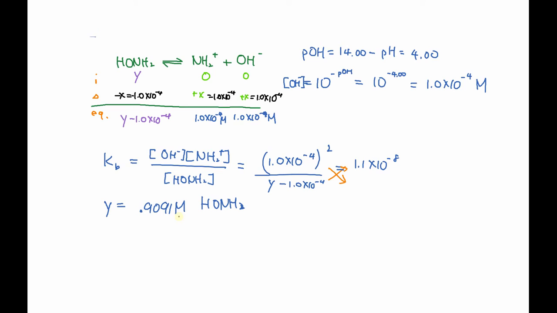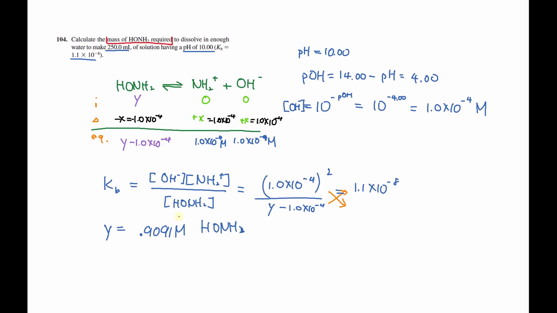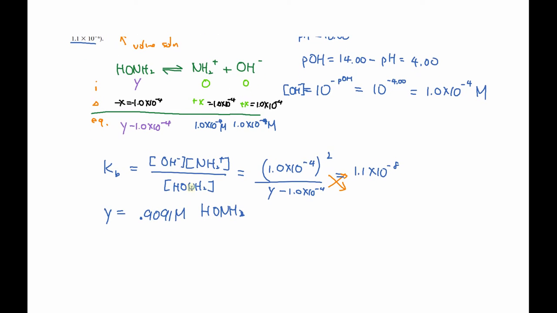And also we are given the clue that 250 milliliters was used, okay, over here. We got the volume of solution. Anytime you see the volume and the concentration, you know you can find the moles of this compound, and then once you find the moles of compound, you can also find the mass by simply looking at the periodic table and then converting to mass.